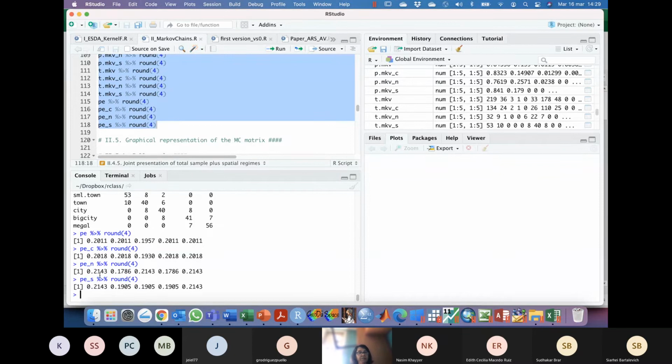So, for instance, in the northern part of the country, we have 3 higher values and 2 smaller ones. So they are probabilities: the probability of getting towns of middle size, of also grouping some very small towns, and grouping in megalopolis.